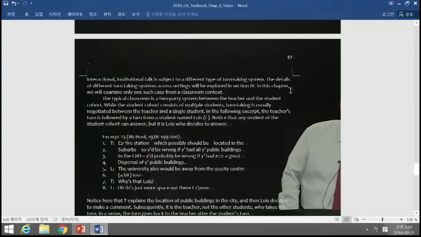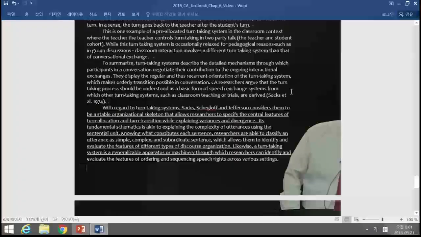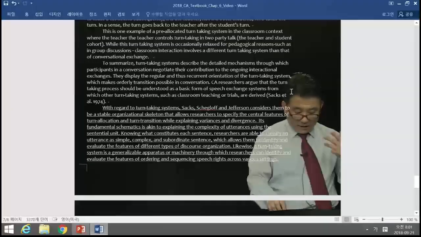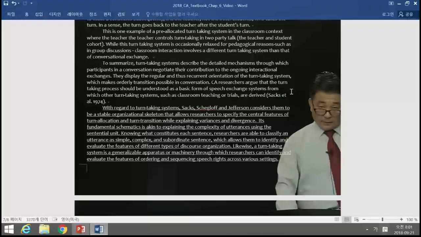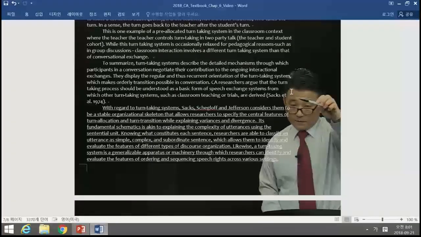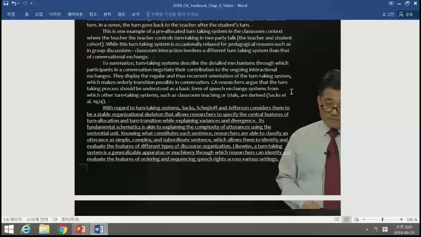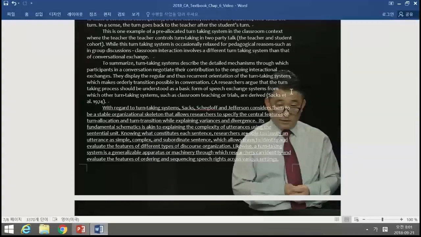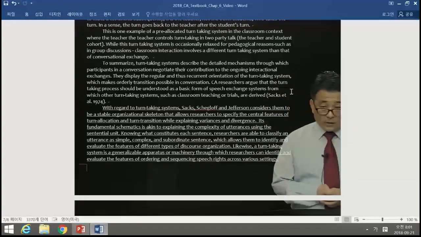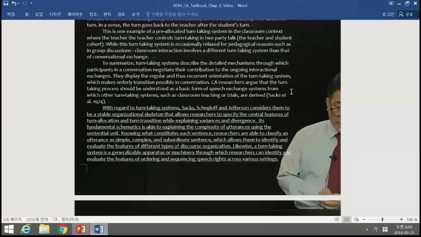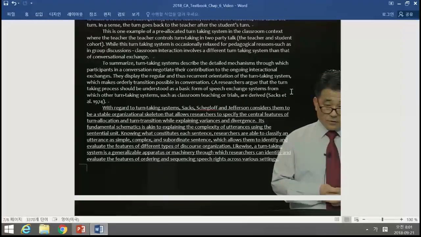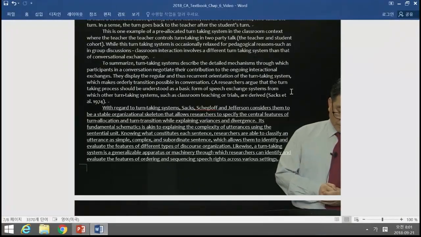On page 57, I'd like to think about the relevance of this conversational system. Here, the last paragraph, with regard to turn-taking systems, Sacks, Schegloff, and Jefferson consider them to be a stable organizational skeleton that allows researchers to specify the central features of turn allocation and turn transitions while explaining variance and divergences.